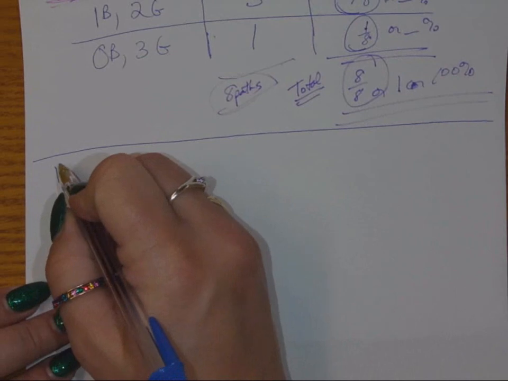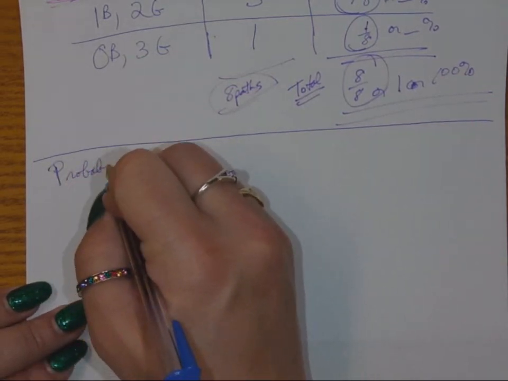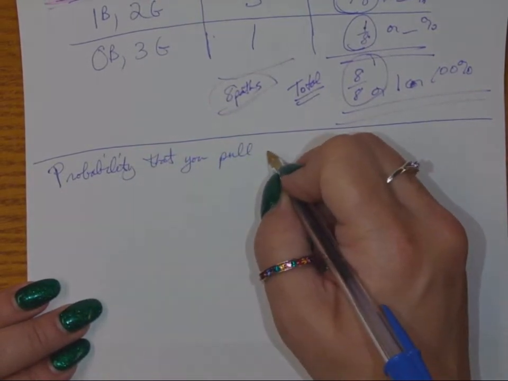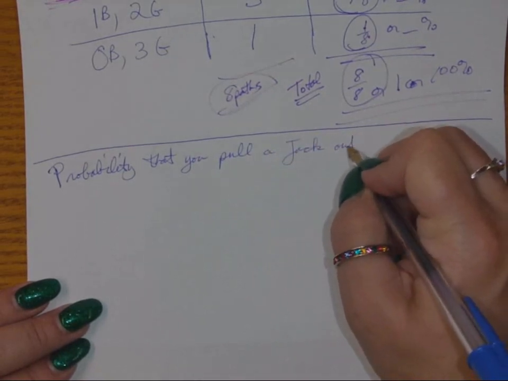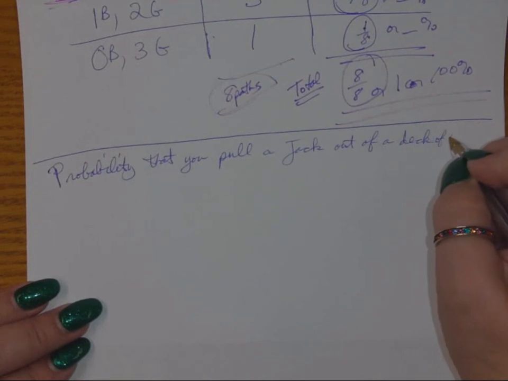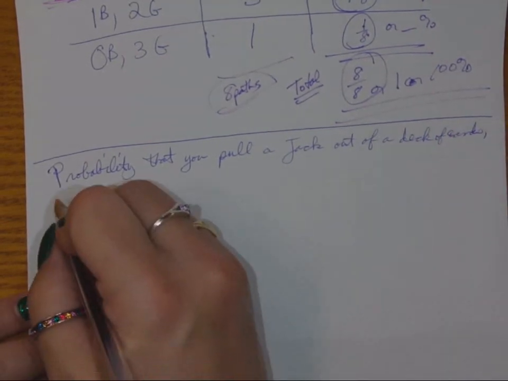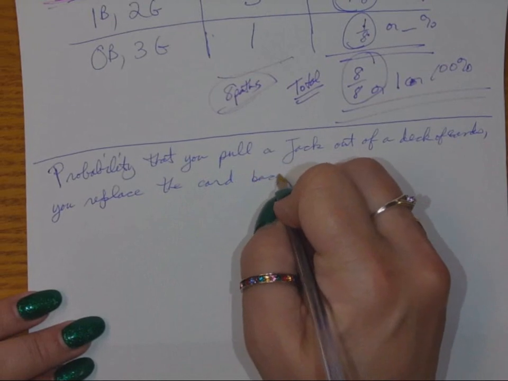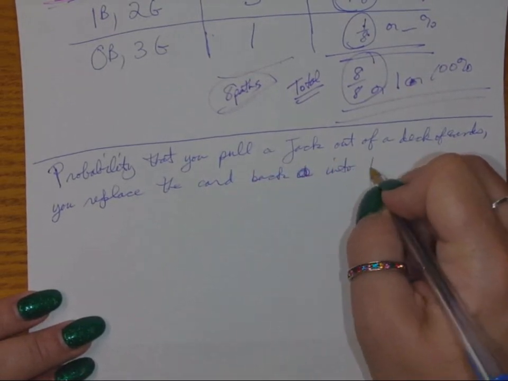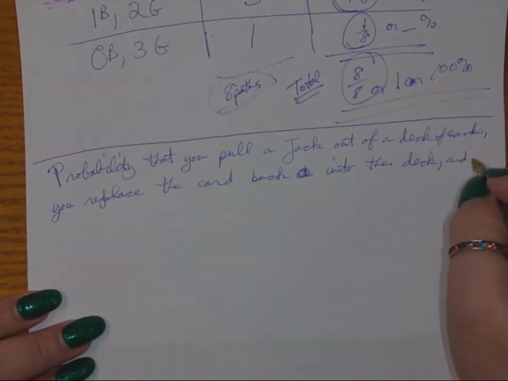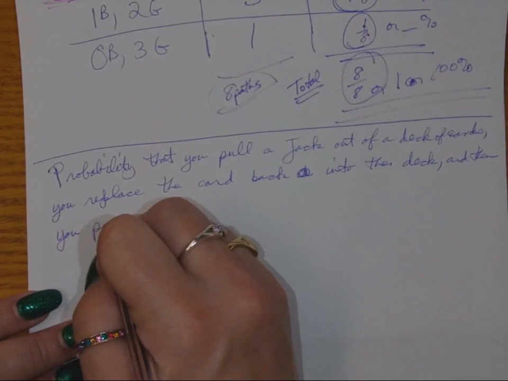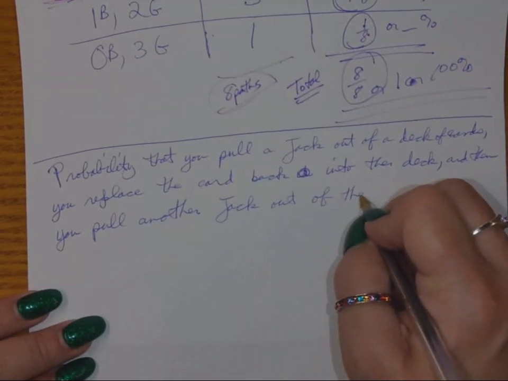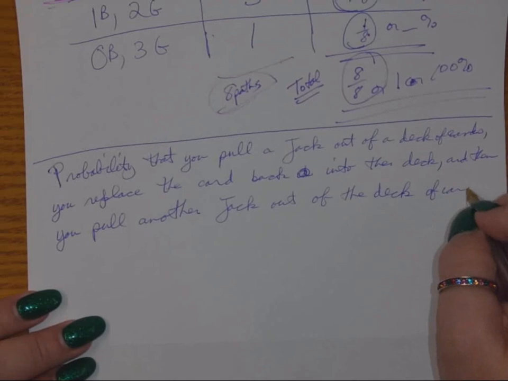What's the probability that you pull, and pick your favorite thing, a jack out of a deck of cards, you replace the card back into the deck, and then you pull another jack out of the deck? What's the probability of that?